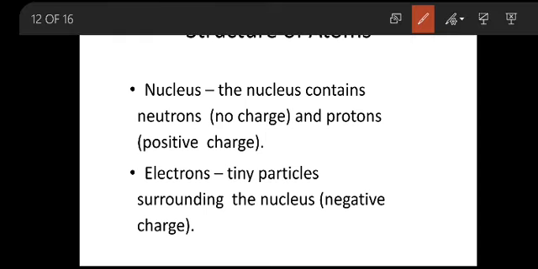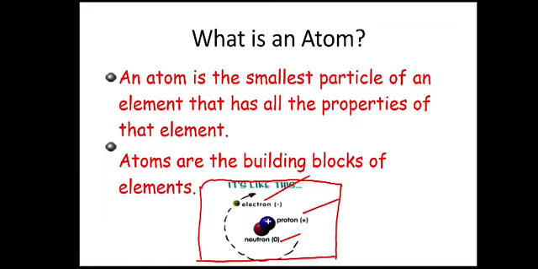So, in your atom, you had three parts, that is your neutron, proton, and electron. These are all just your particles. Okay, so you had the neutrons and protons in the nucleus of your atom, and the particles surrounding the nucleus is your electron.